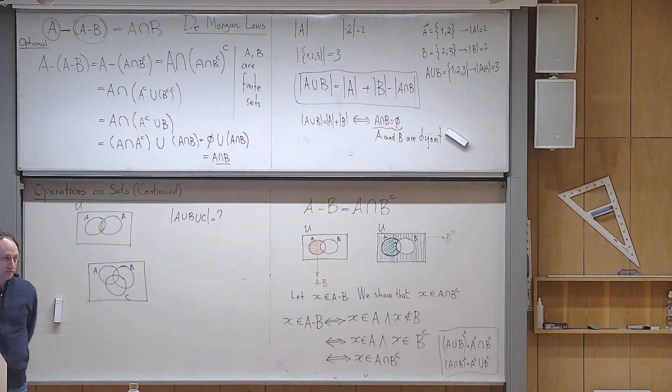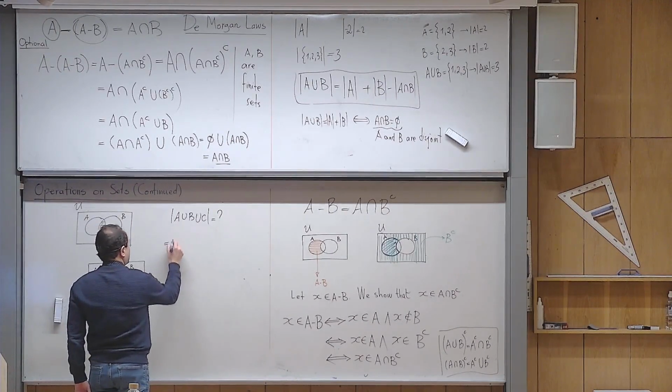Is it maybe the cardinality of A plus the cardinality of B plus the cardinality of C minus the cardinality of A and B's intersection, and the cardinality of B and C's intersection, and A and C's intersection, and ABC's intersection? You were 99% correct. What did I miss? So what you said is this.